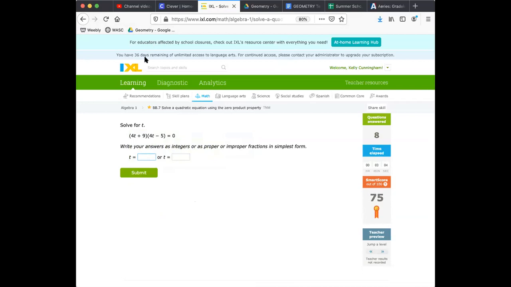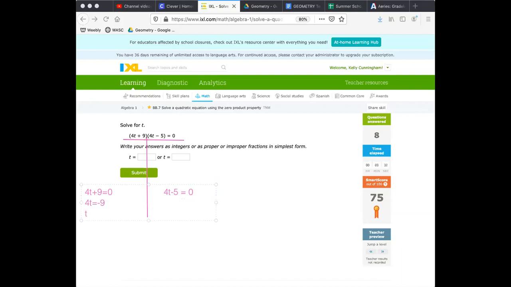Okay, so I'm going to go ahead and show my work on this one because this one got a little harder. All right, so there's my little breaking it off. So 4t plus 9 equals 0. And then 4t minus 9 equals 0. Oh, excuse me, minus 5. Make sure you write the problem down right. Okay, so this would be 4t equals negative 9.